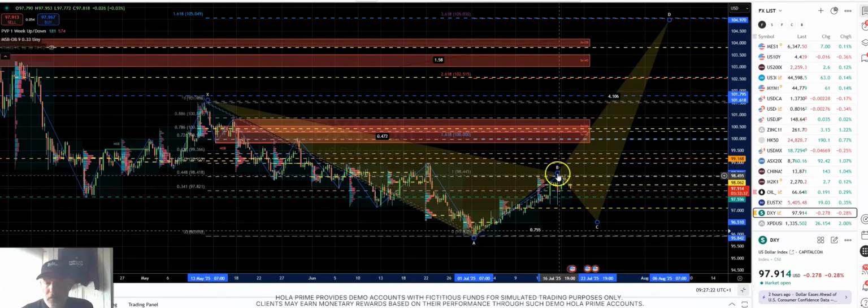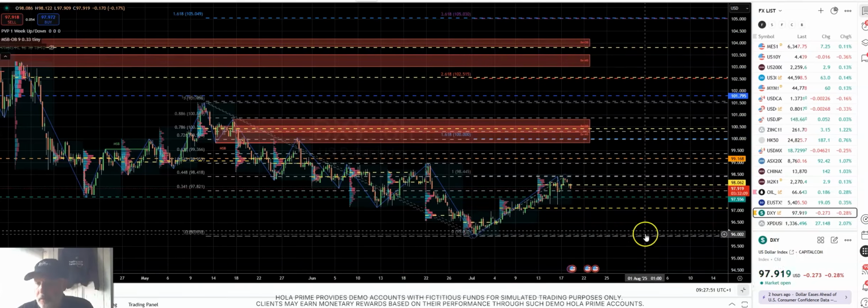What is quite difficult to do, but what we've managed to do this morning, is to catch the BC leg and trade this to the downside. Until all of this has completed, it can be difficult to get into intraday trades. So at the moment, the bias for the dollar is to the downside.